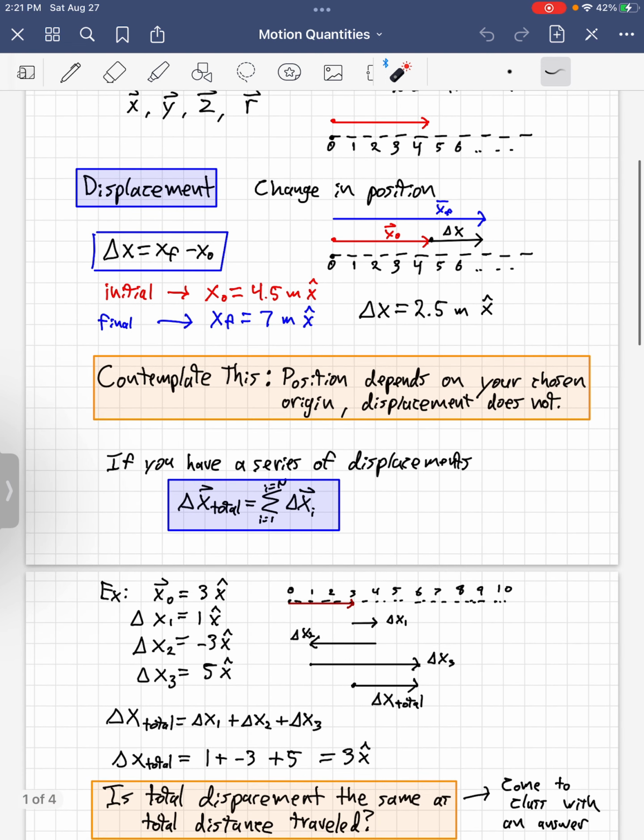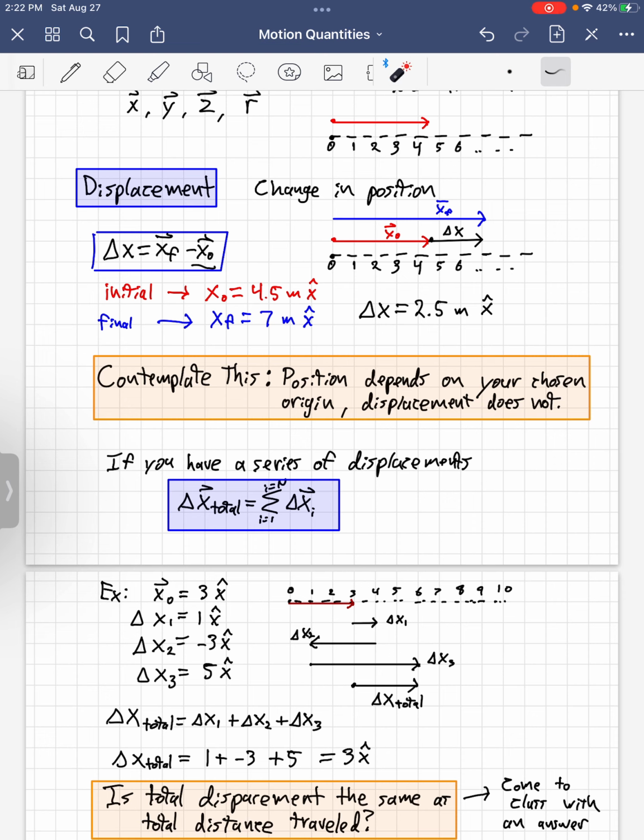All right, so the next type of quantity we're going to be talking about is displacement. And displacement is the change in position. And so you can think of it as a snapshot in time. If your displacement is changing, if initially your position is x naught, we'll say, and it should still be a vector.